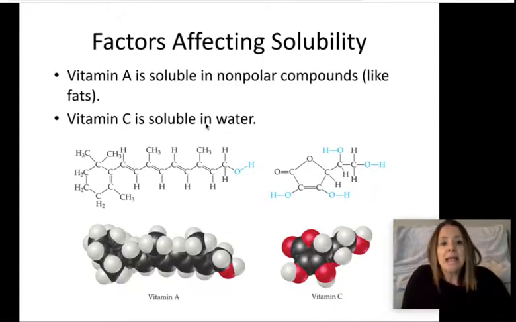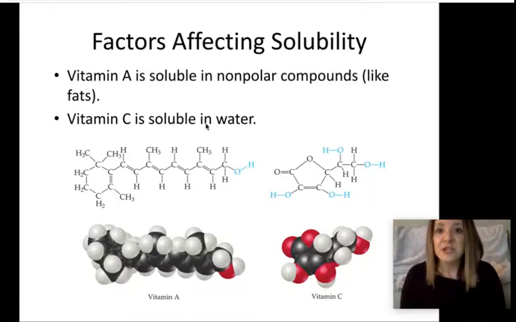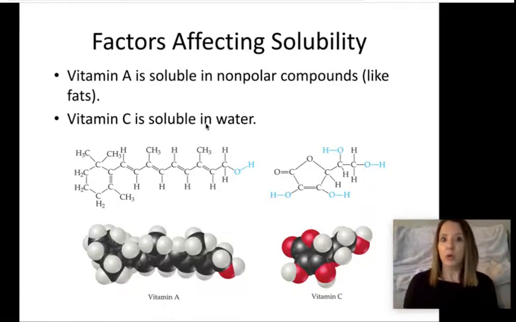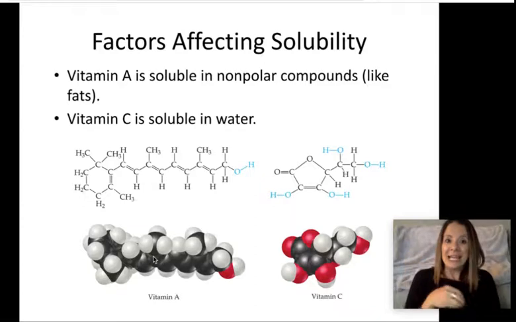Now, the fat in your body is a non-polar compound. Fats are non-polar. So vitamin A is also a non-polar compound. Non-polar, like dissolves like. If you take too much vitamin A, you can actually overdose on vitamin A because it will get dissolved in your fat and it stays within your fat.